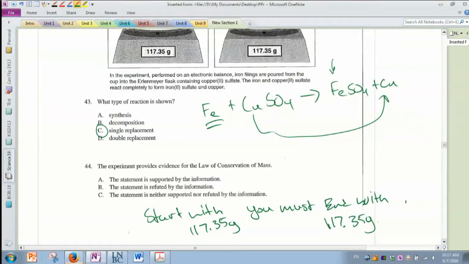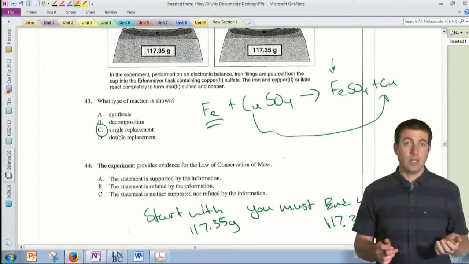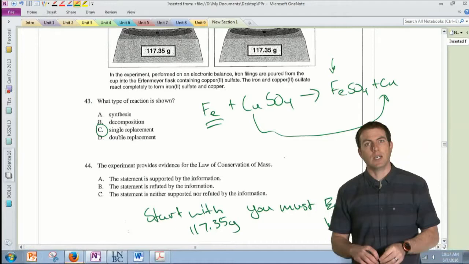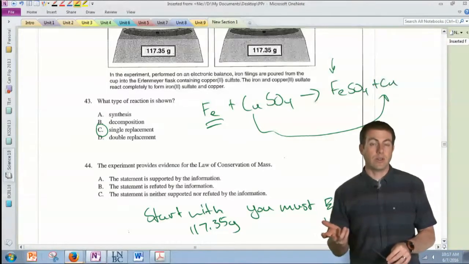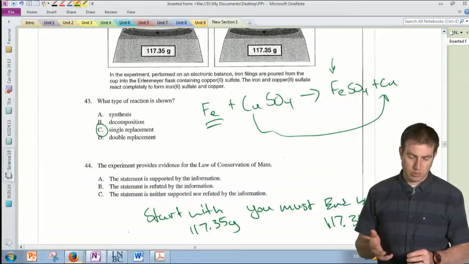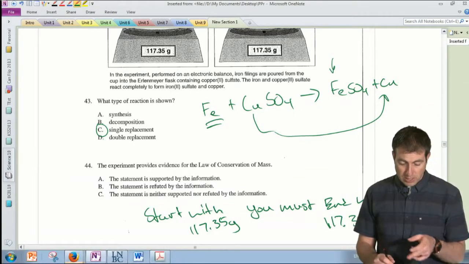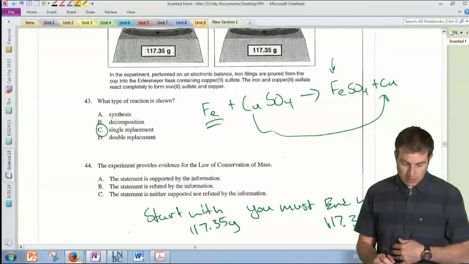If you start and end with the same amount, it follows the law of conservation of mass. If you start and end with different amounts, it doesn't. And we did talk about how nuclear reactions kind of violate the law of conservation of mass. They don't really, but they do. Anyways. So this experiment provides evidence for the law of conservation of mass.